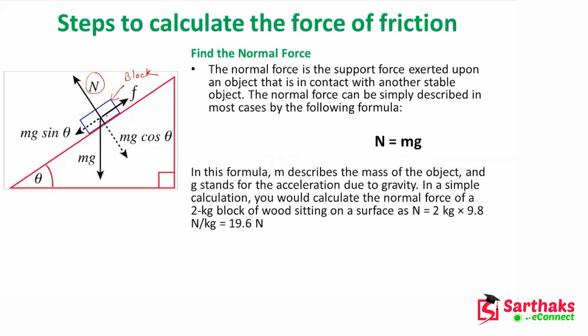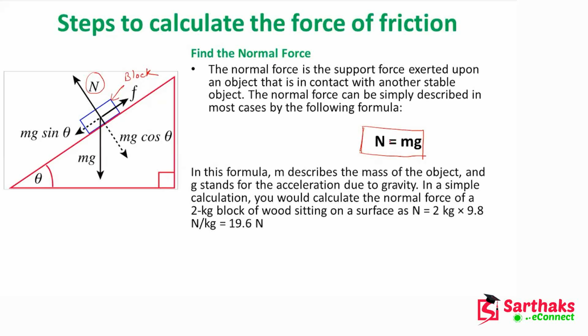So here we can find that N is m into g. So the normal force can be simply described by the formula N equals mg. Here m is the mass of the object or the block, and g stands for the acceleration due to gravity.